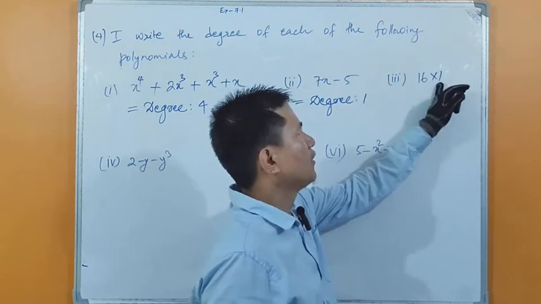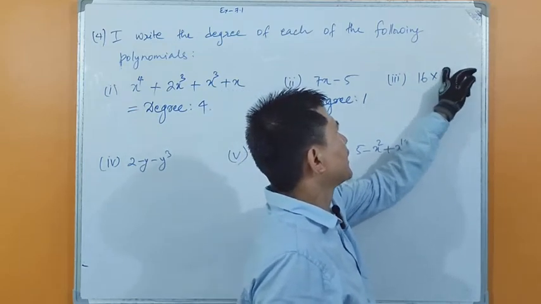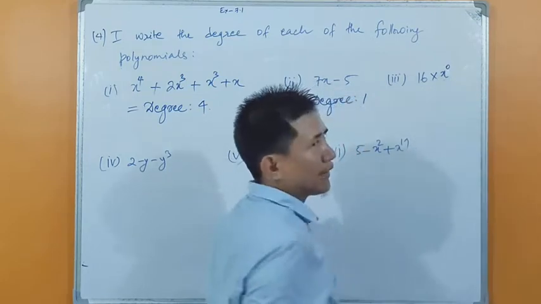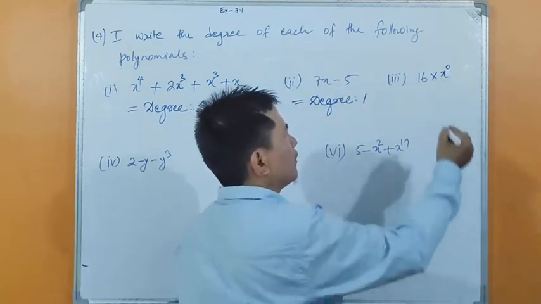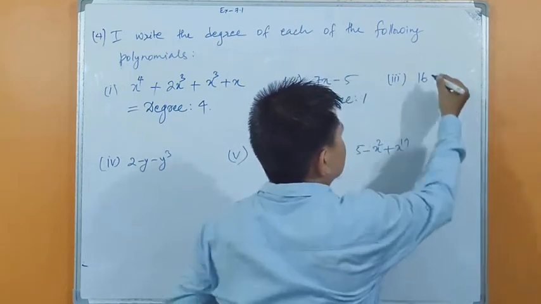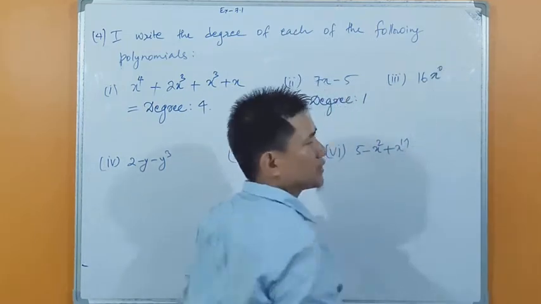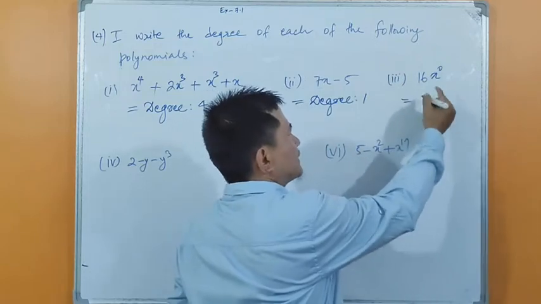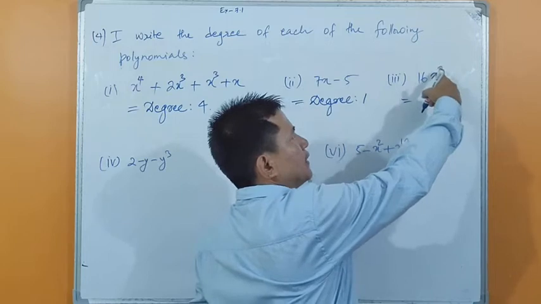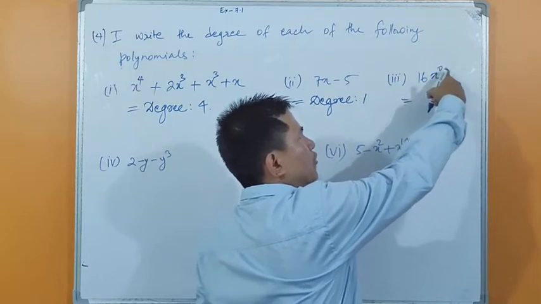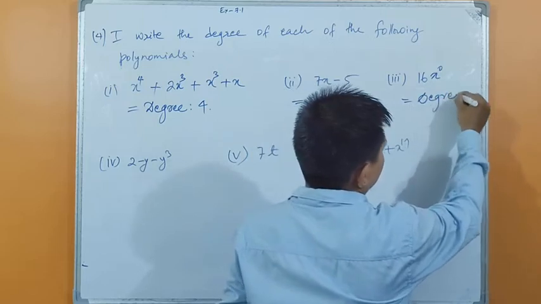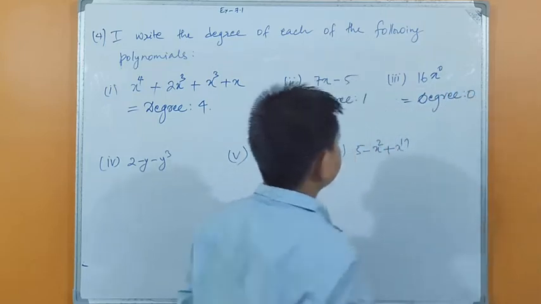So instead of writing 1, you can write x to the power 0, because you know anything to the power 0 is 1. 16 into x to the power 0 can be written as 16x to the power 0, isn't it? So the degree of this polynomial is 0, because the highest power of the variable is 0. Degree is 0. Hope you got my point.